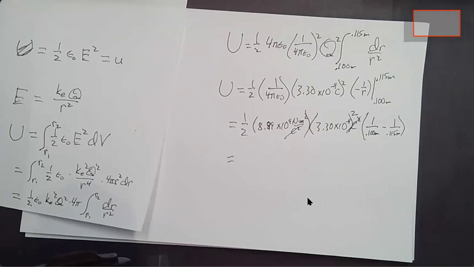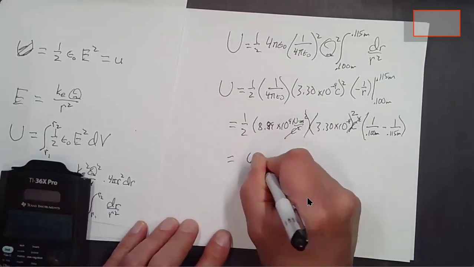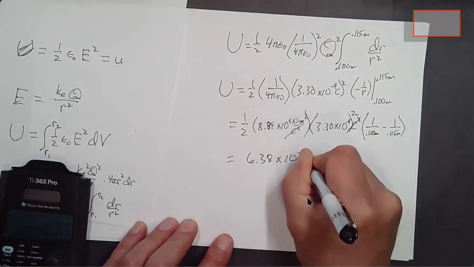This time, I only get 6.38 times 10 to the minus eighth joules.